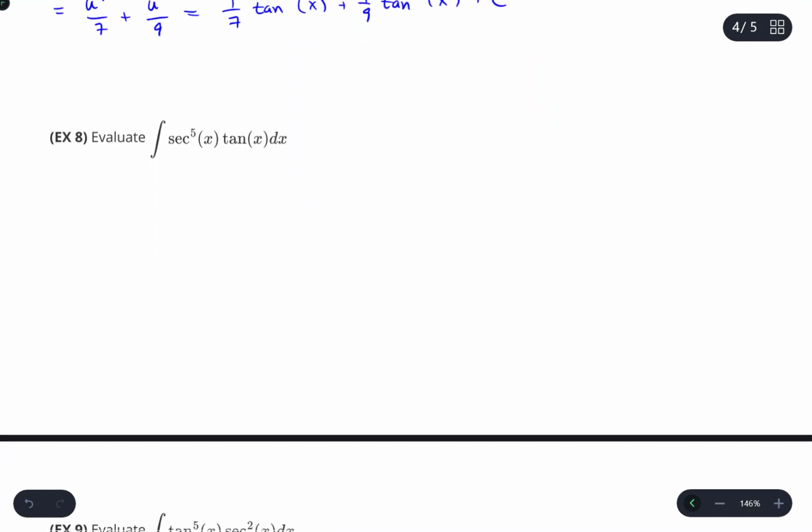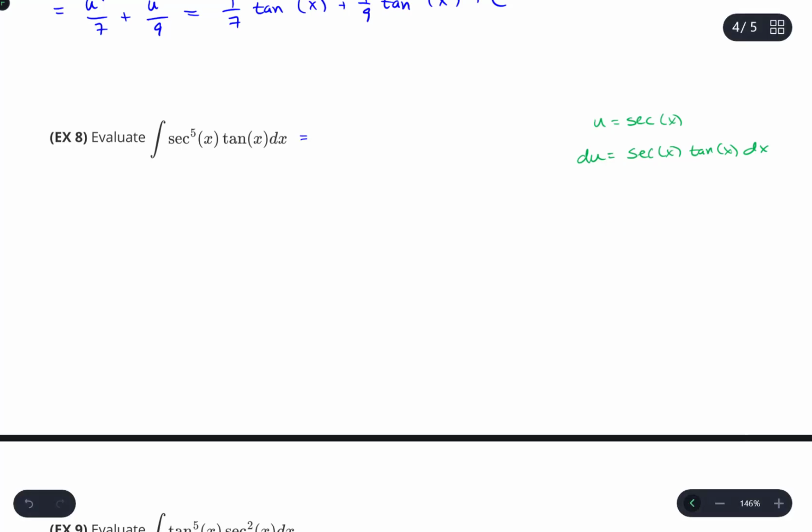So I'm looking to use u equal secant x for my substitution so that du will be secant x tangent x dx.